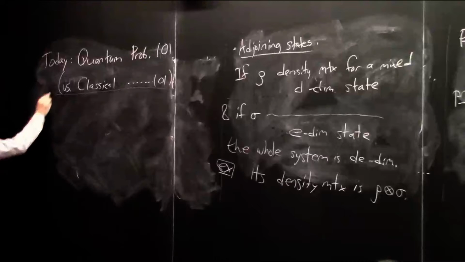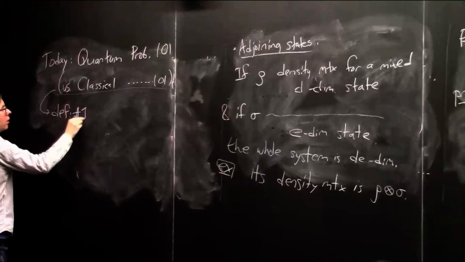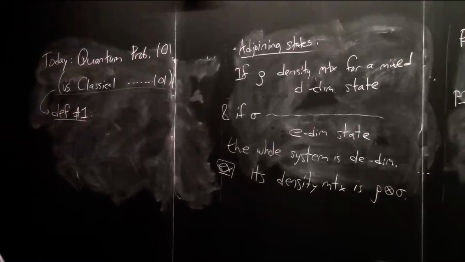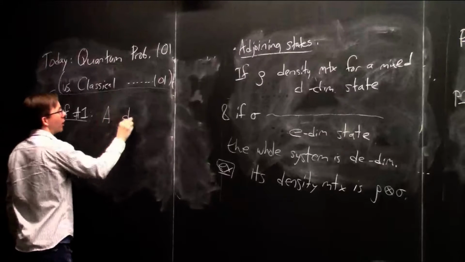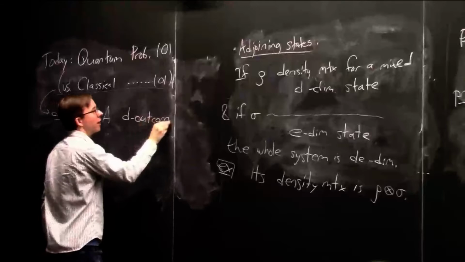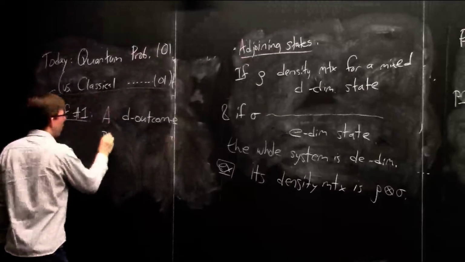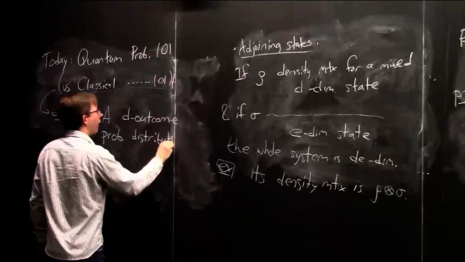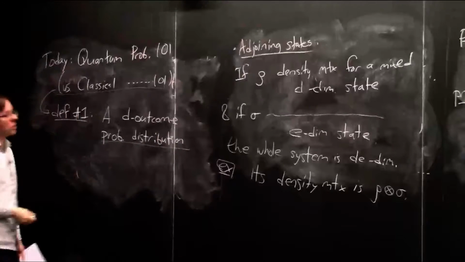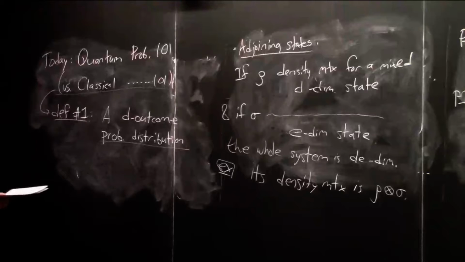So what is, in classical probability, literally definition 1? It's the first day of your discrete probability class: sample space and probabilities. They probably wouldn't put it quite like this, but it's basically a D-outcome probability distribution, or a probability distribution where the sample space is the numbers 1 through D, or a D-sided die.